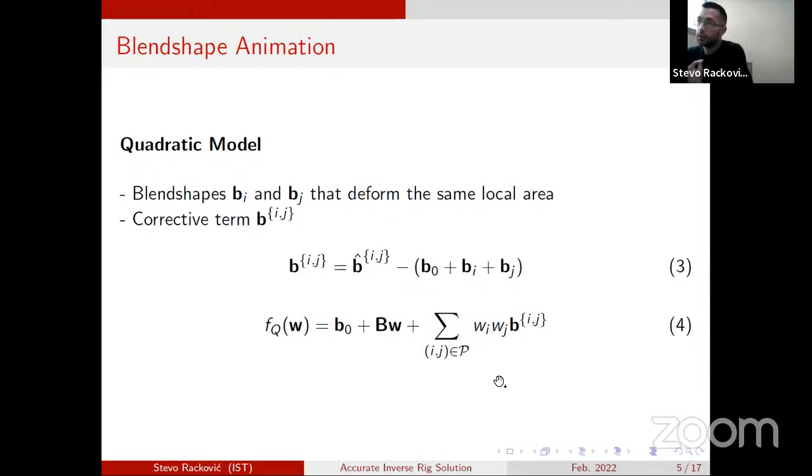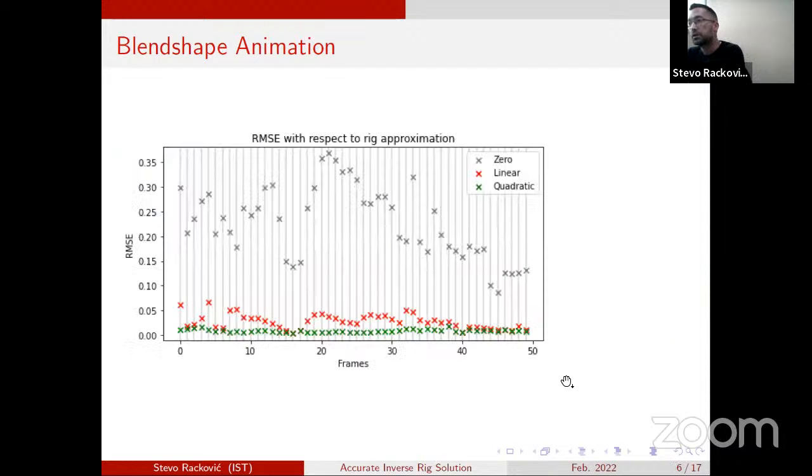Also, if the model is complex enough, it can have corrective terms of higher levels, for triples of the blend shapes, or for 4 or more of them. And also there can be some other non-linear deformations, but we don't include them in this work because we can see that just adding quadratic terms significantly reduces the error.